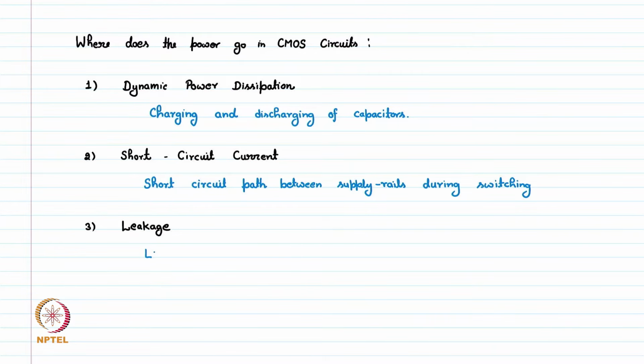So we have leaking diodes and transistors there. So these are the three main ways of power dissipation in a CMOS inverter.